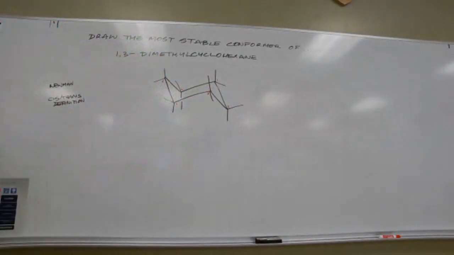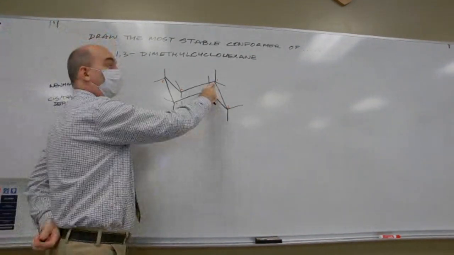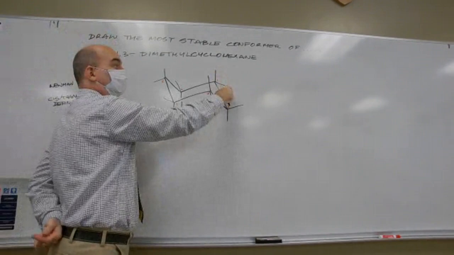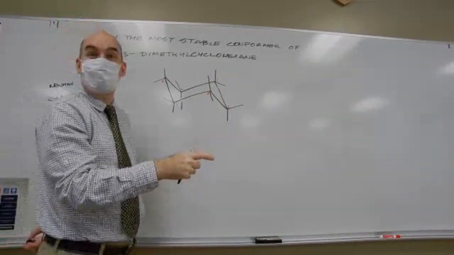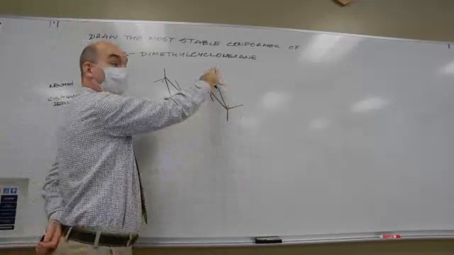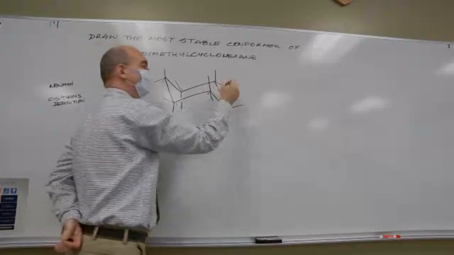There you go. 1, 2, 3, 4, 5, 6, going clockwise from the top right. I need 2 methyls. One of the methyls goes on carbon number 1. Does it go here or here? Scream real loud when I touch the place that you want it.